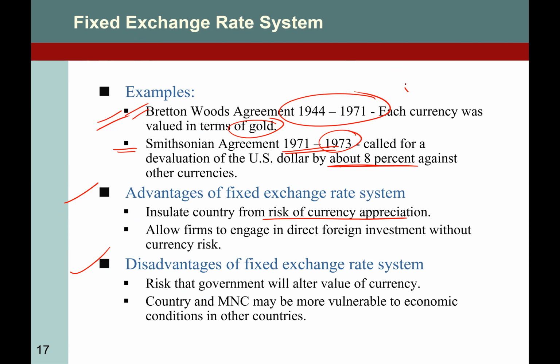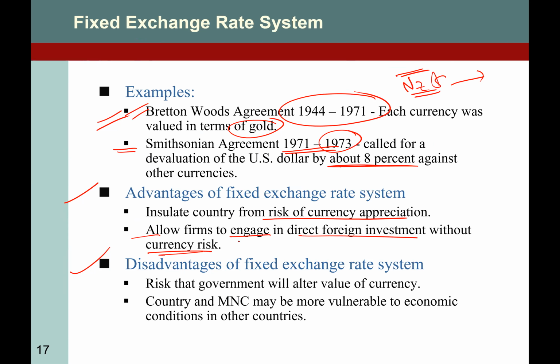If you are receiving New Zealand dollars, you know that after 6 months the price is fixed, so there is no exchange rate risk. I need not go into buying futures or entering into currency derivatives. So it allows firms to engage in direct foreign investment without currency risk.